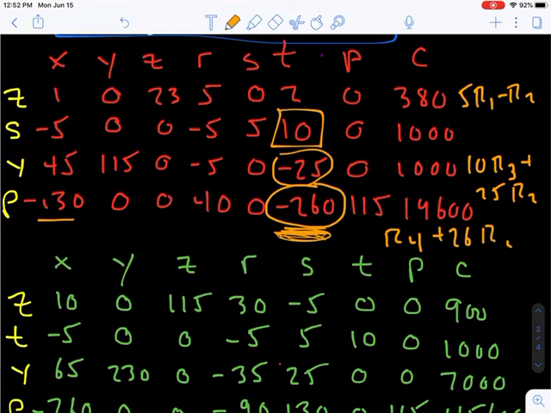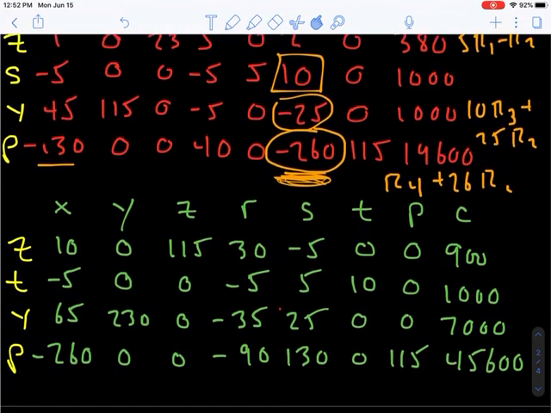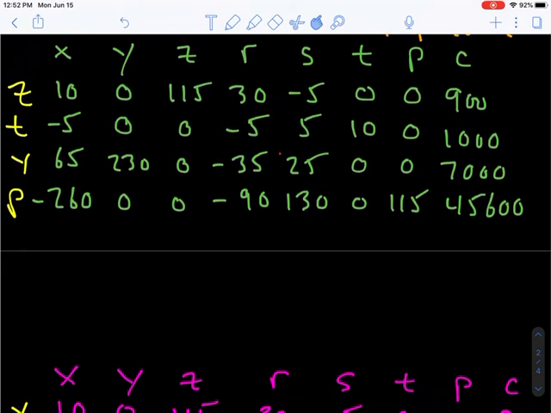So row 4, negative 260 plus 26 times the 10 would be 260, and that would give me a 0. So you clear, and what do we get? We get a new table.